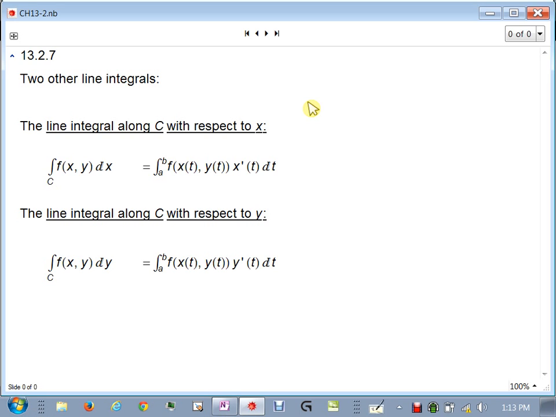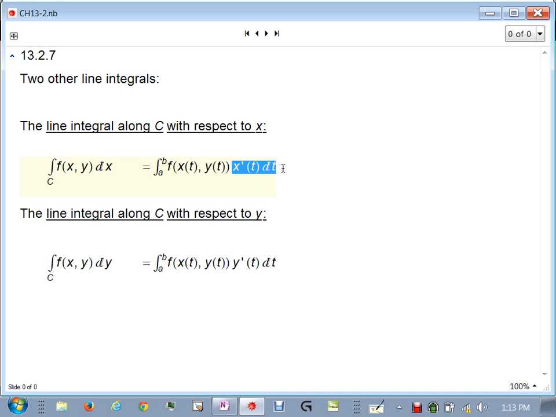The other two types of line integrals are the line integral along the curve C with respect to x, which means that we'll still have this f of x, y here, and we'll still have C here, our curve that we're going to integrate over. But then instead of having ds, we write dx. And so that changes what this differential is here on the side. Instead of it being, what was it before?